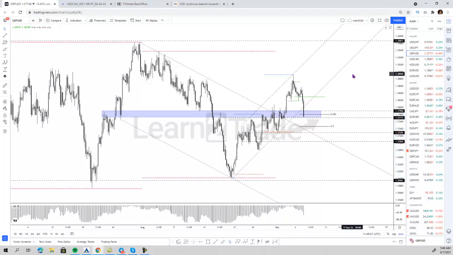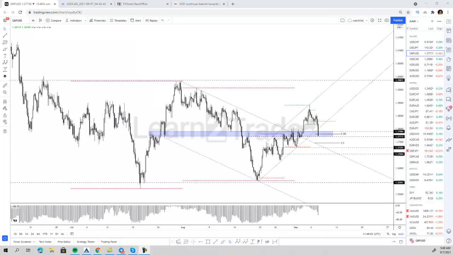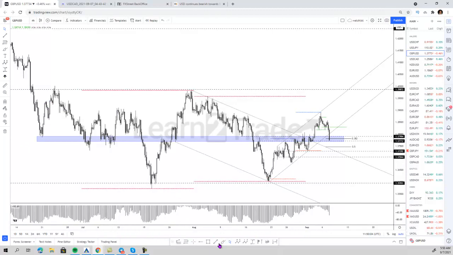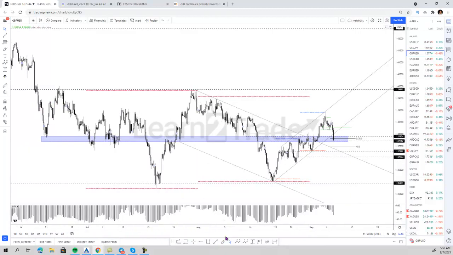Yeah, I mean, we have broken with the immediate bearish structure in this market. But having said that, there is the possibility of a pullback or a bounce off that pivotal zone. Look at that pivotal zone all throughout this trading range, right?